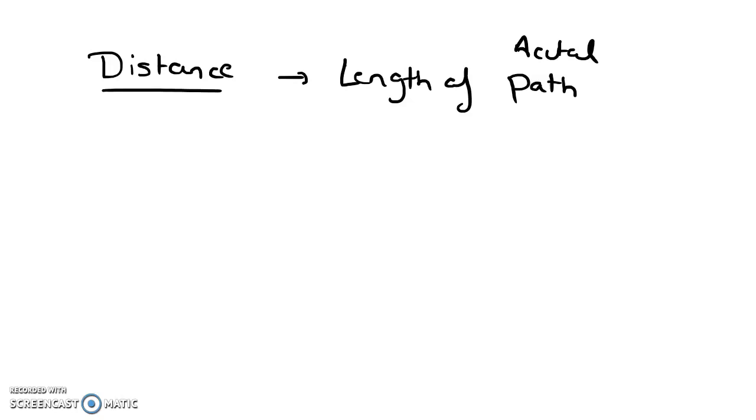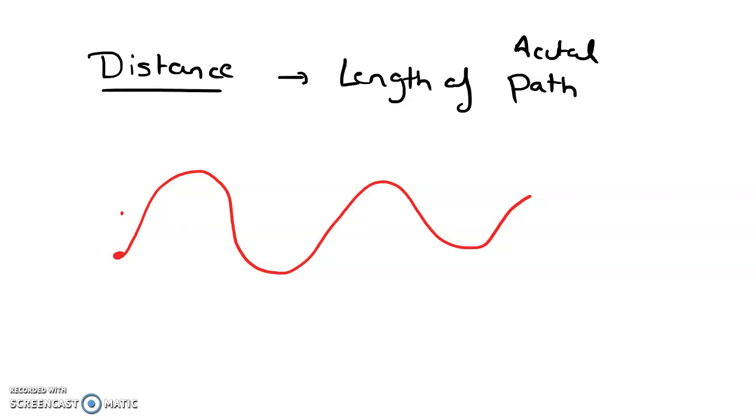I must stress this word, actual. Say for example, a body is going from this point to this point like this. What is the distance? You need to measure this spiral or zigzag path. You have to measure the length of this path. That would be the distance, and the unit would of course be meter, because it's a length. And it is a scalar quantity because it's just a length.